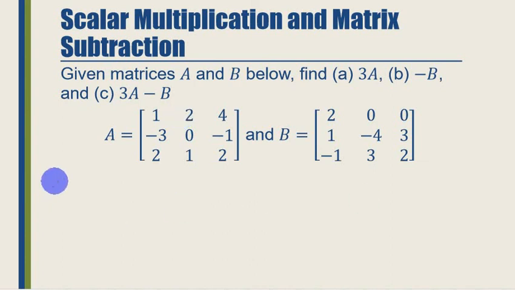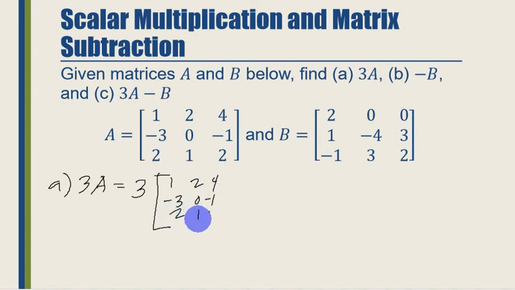Alright, so first let's find 3A. This is an example of scalar multiplication. So we're going to multiply 3 to all the entries of matrix A. And doing that, we would have the following result.